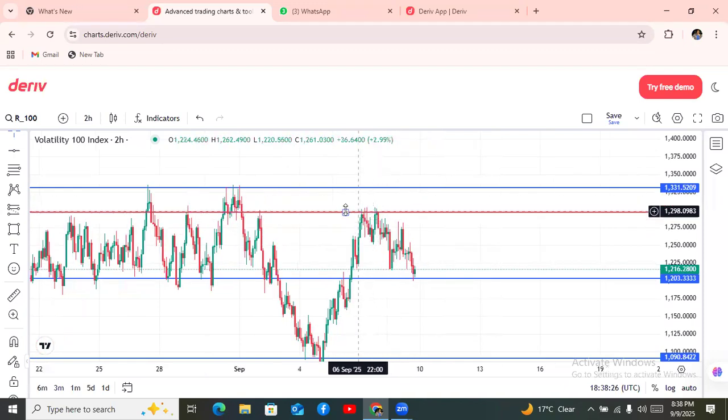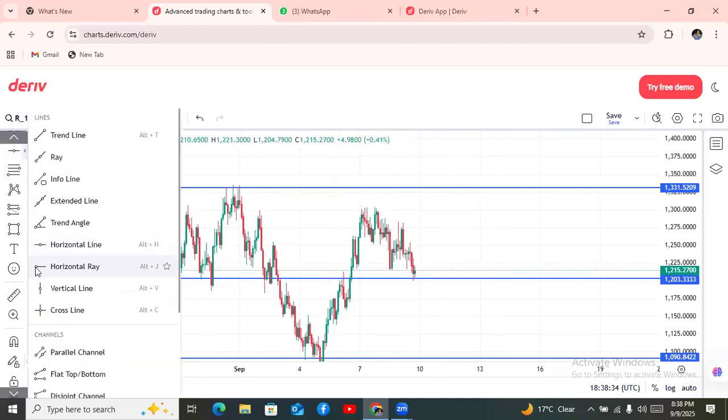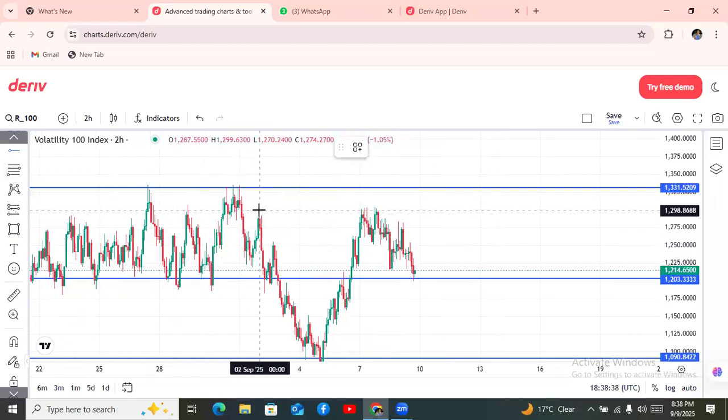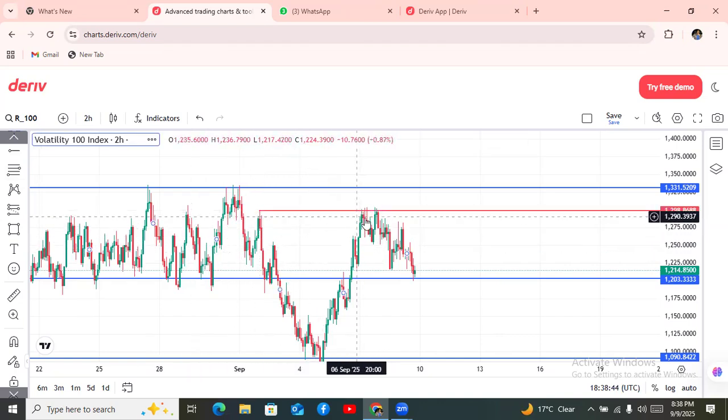To sell this price, I'm going to remove this level and use a horizontal ray. So I'm going to mark that high. And I'm expecting that anytime price comes to this level, it should give me a possibility of selling.